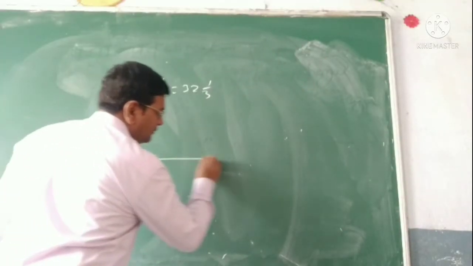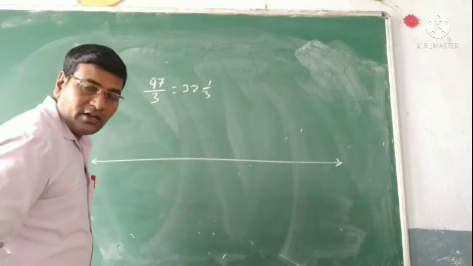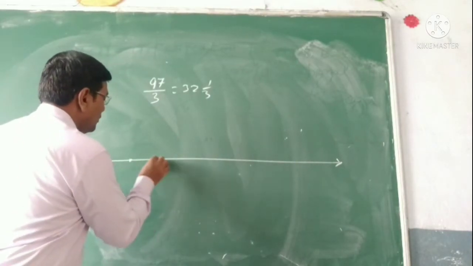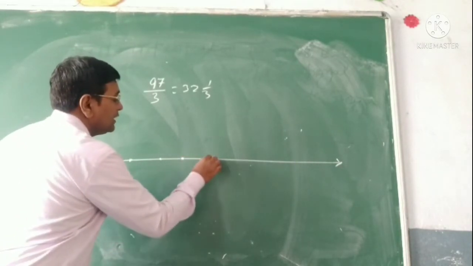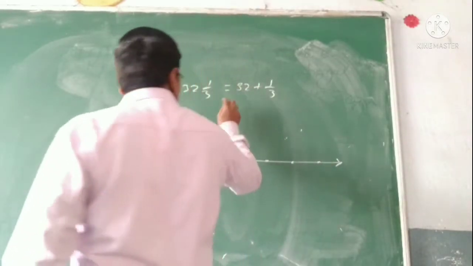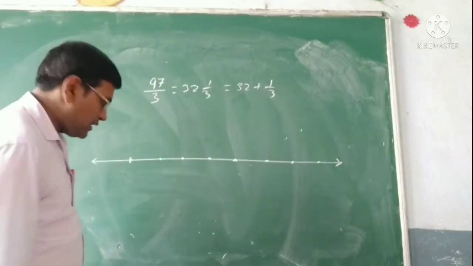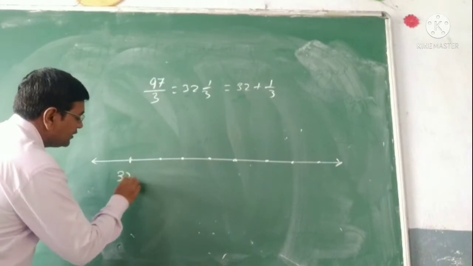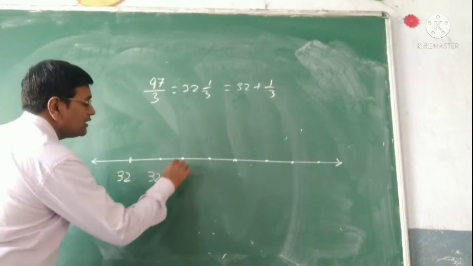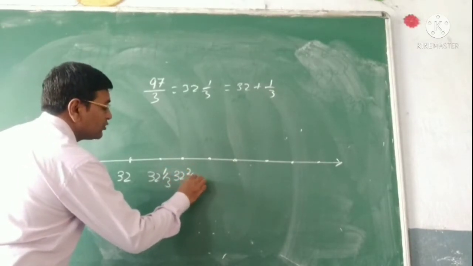First draw a line. Take equidistant points. बराबर दूरी पर पॉइंट लो. 1 2 3 4 5 6 7 8. This is more than 32. 32 and 1 by 3. So write here 32 whole and here 32 whole 1 by 3. And this point will represent 32 whole 2 by 3.